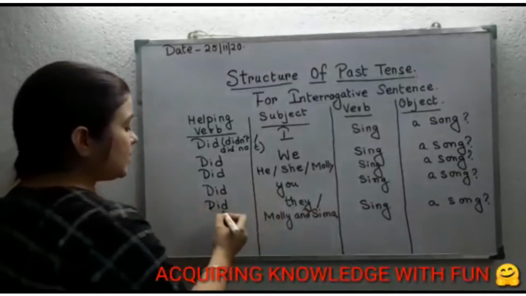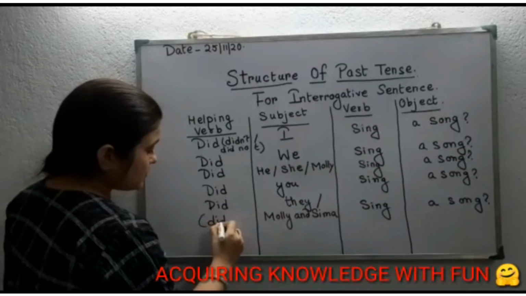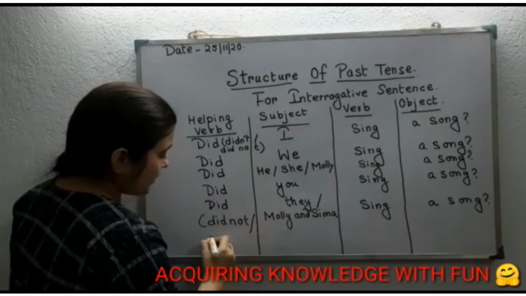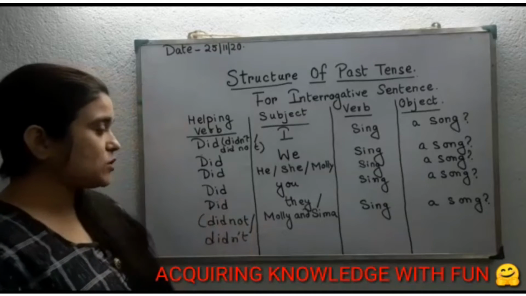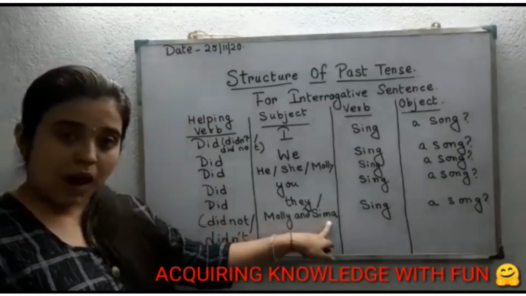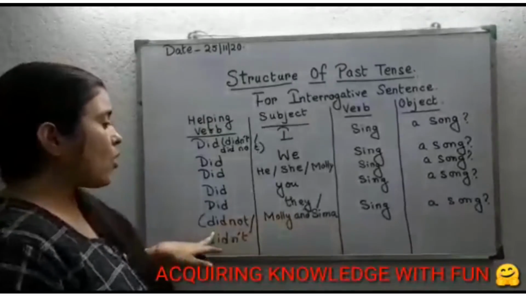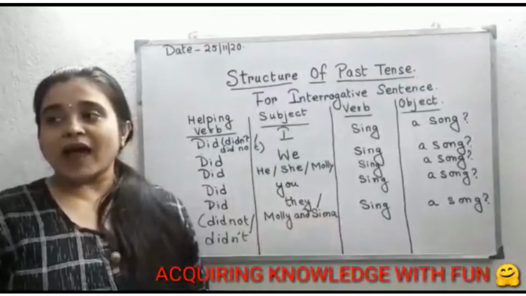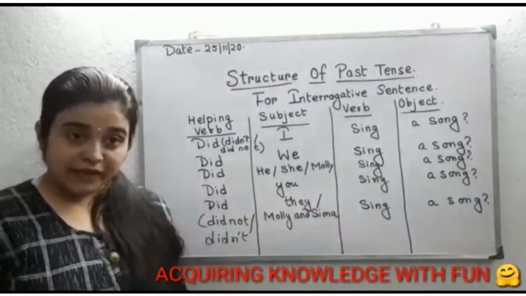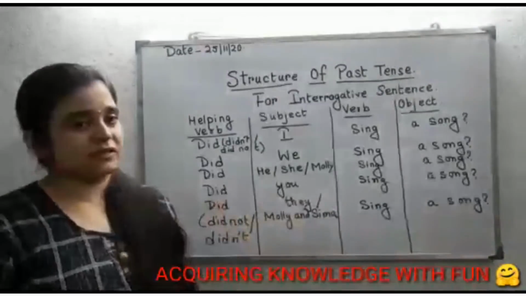They did not or didn't sing a song, or Molly and Seema didn't or did not sing a song. So like this way, you have to frame negative sentence in past tense.